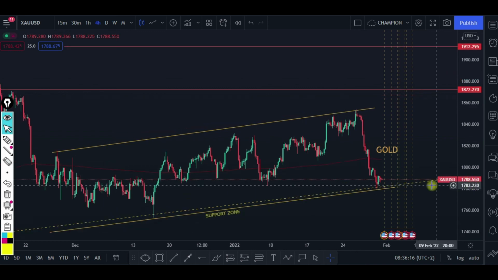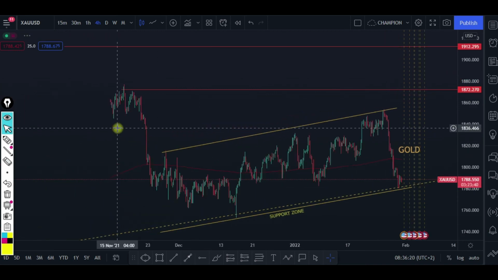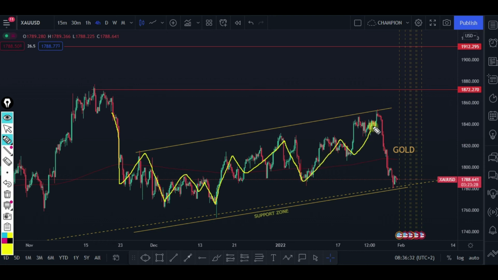This is the inner up channel. Remember, the market moves in passive moves and gives us corrective moves, passive moves like this, and maybe corrective before passive moves.